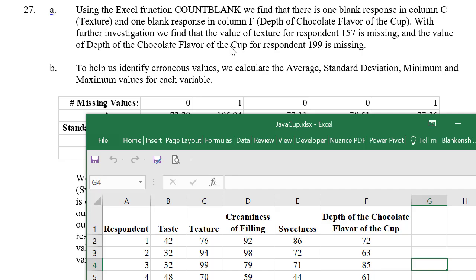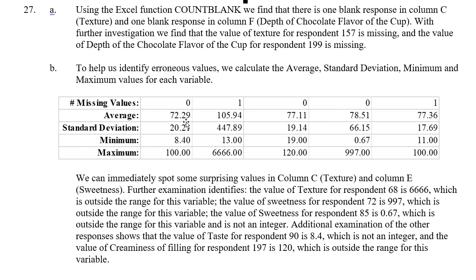So you need to look a little closer, think about what kind of data is collected, and then you can spot those things if you lay out your averages and standard deviations. If something is well below or above the mean by a couple of standard deviations, then something's probably amiss.